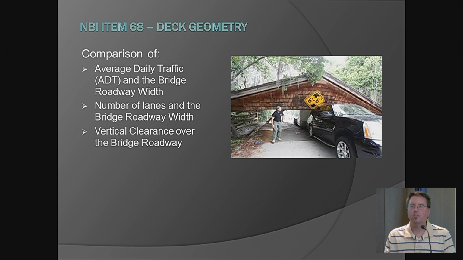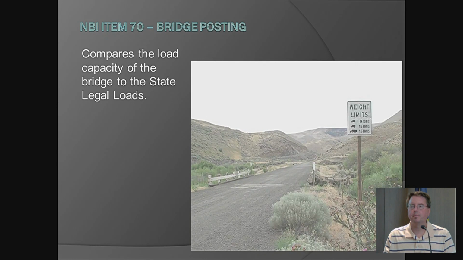Item 68, your deck geometry, is going to look at roadway width, your number of lanes, and the vertical clearance, and those values get brought in automatically through a formula to generate your deck geometry value. Bridge posting, item 70, is really just looking at your load capacity compared to the state legal loads.